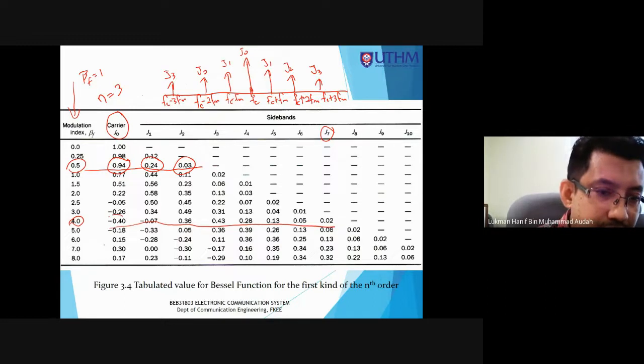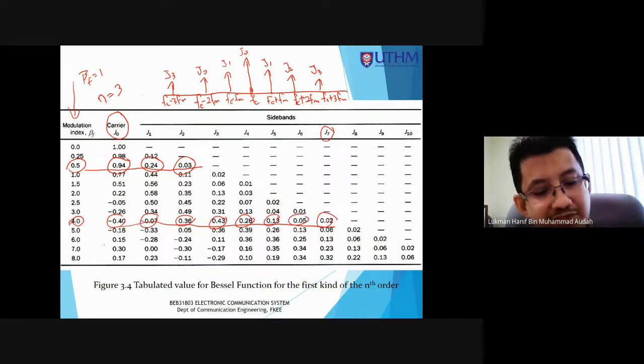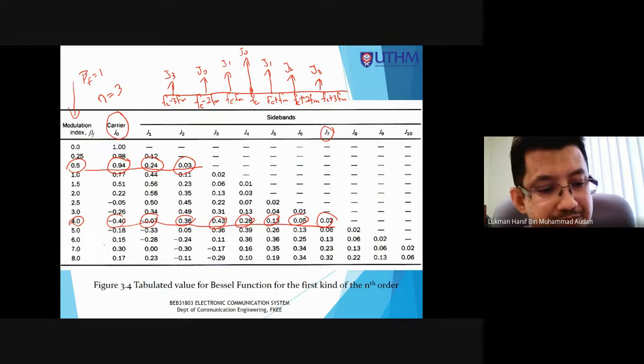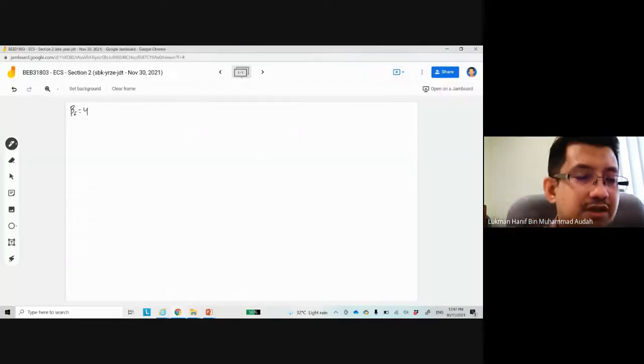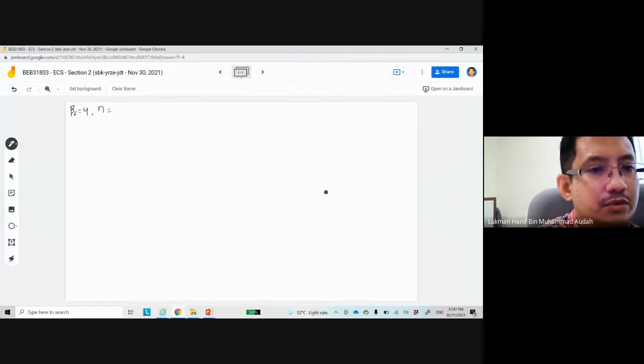Dan ini semua dia punya value. Ada 7 pasang sideband. Ini penat sikit nak kira. Okay. So tak apa, kita buat slowly. So I go back here, that means n equal to 7.